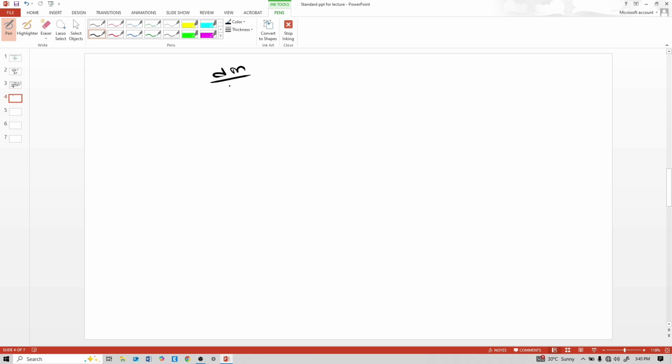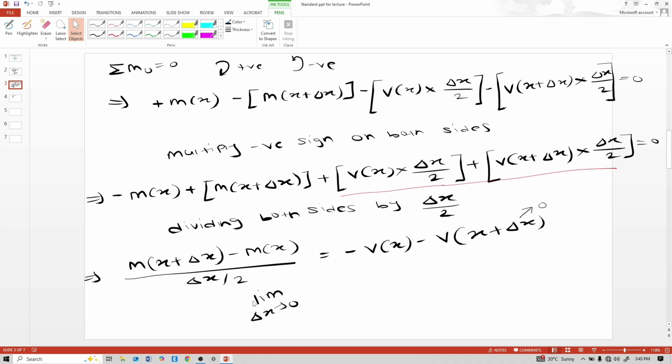So dm by dx is equal to minus 2v of x. See, this is not only dm by dx, this is upon 2 also. So these 2 get this side.